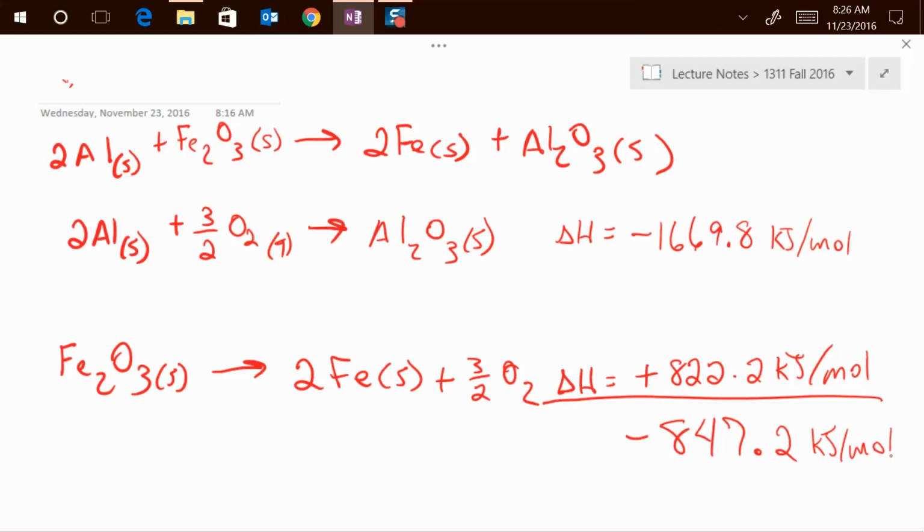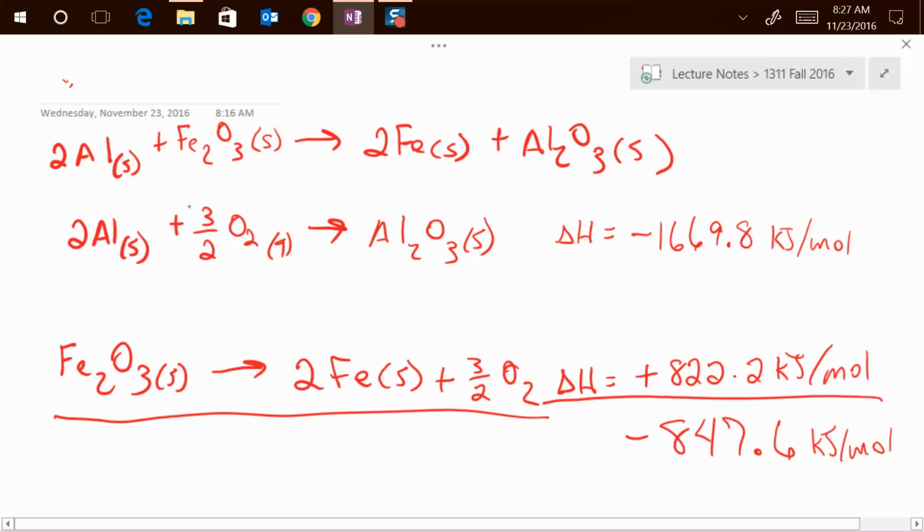Just add those together, the top number and the bottom number. Okay, so let's rewrite the equation.